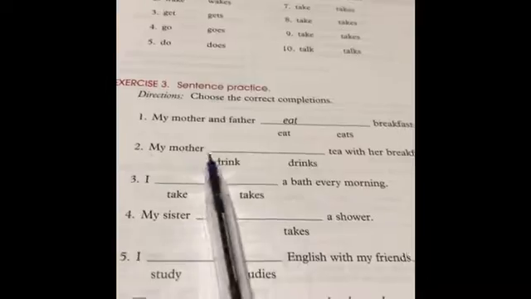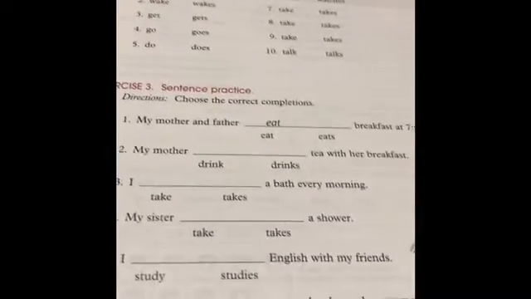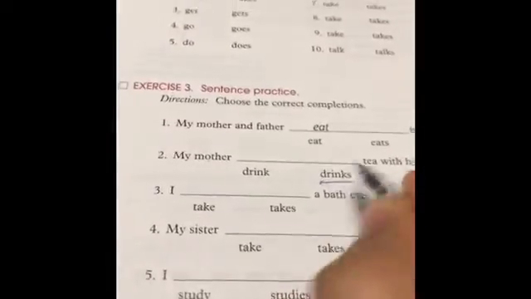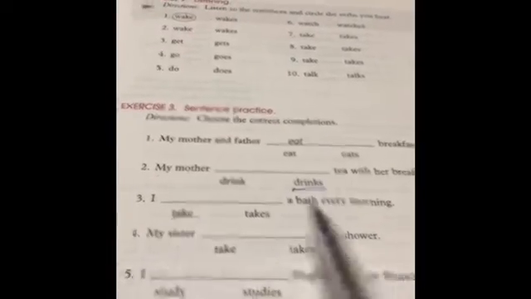Now, my mother drinks tea with her breakfast. My mother drinks. I take or takes a bath every morning? I say I take. My sister takes a shower. My sister يعني she, so takes.